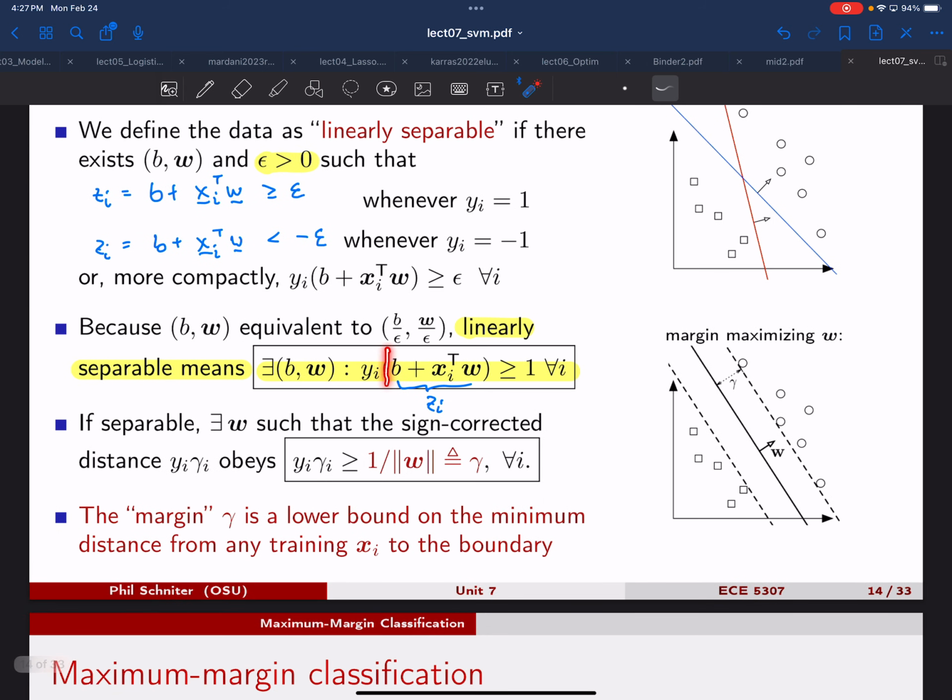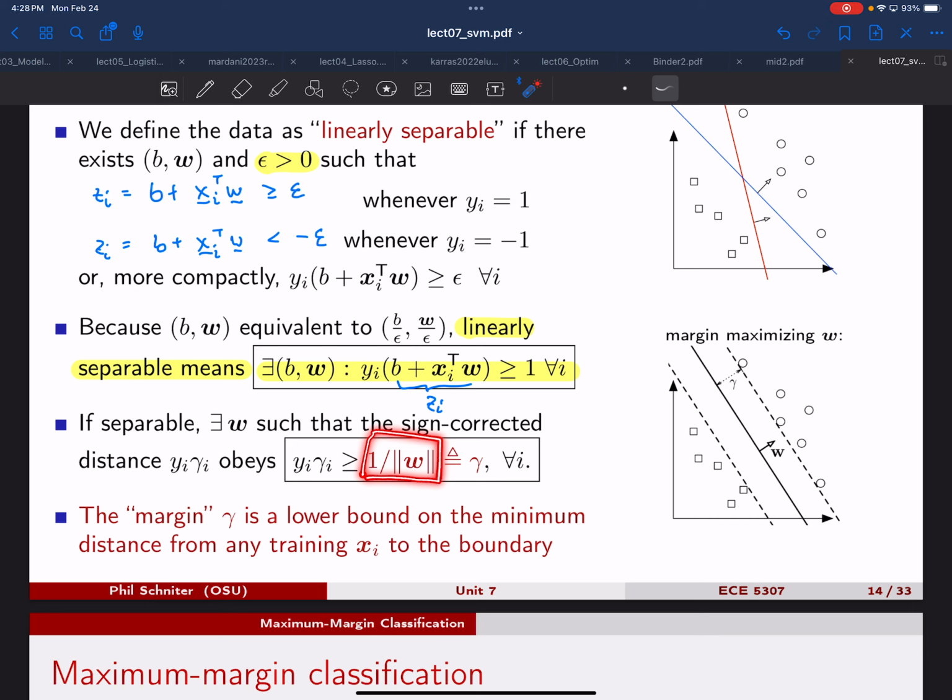So if you replace this with gamma i times norm of w, and then you divide both sides by norm of w, you get this equation. So here you have your yi gamma i on the left, and on the right you have 1 over the norm of w. Okay, so if you have a linearly separable data set, then there exists some weight vector such that this sign-corrected signed distance for all the points is greater or equal to this number 1 over the norm of w.